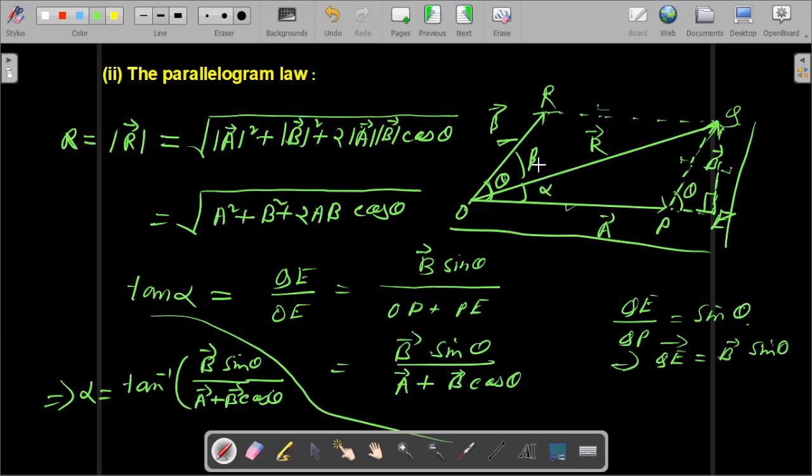Similarly, how much will beta be? Beta will be the opposite of that. That will be like tan beta equals A sin theta divided by B plus A cos theta.